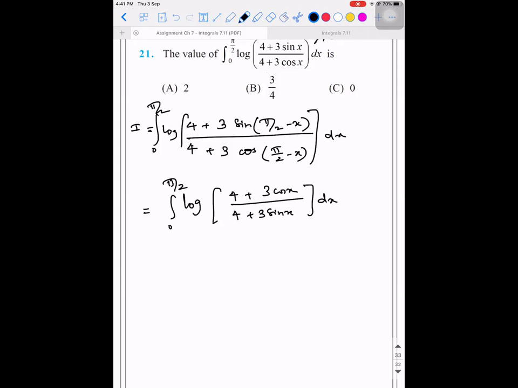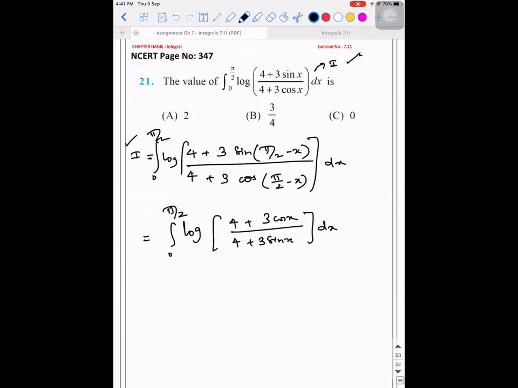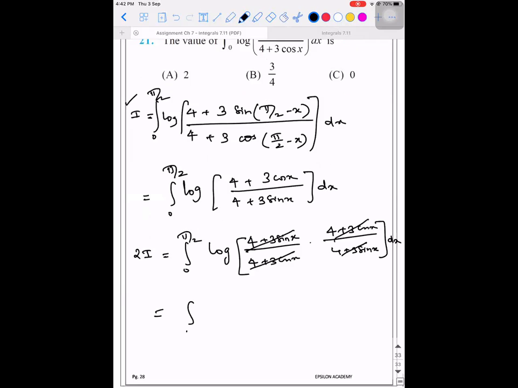So when you add both, this I and this I, what will you get? 2I will be equal to integral of 0 to pi by 2 log of 4 plus 3 sin x by 4 plus 3 cos x, that's the question, into this, and this will get cancelled. So it will be integral of 0 to pi by 2 log 1 times dx. Log 1 is 0.